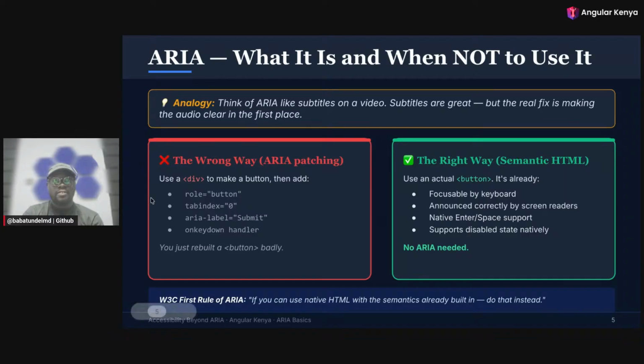So rather than use a div to make a button, and then add a role, add tab, and all of those things, you can just use a button. That's the right way to look at it. That's what is called semantic HTML.